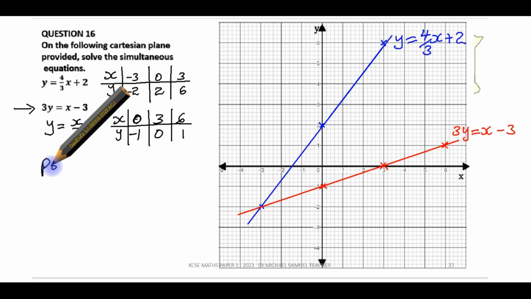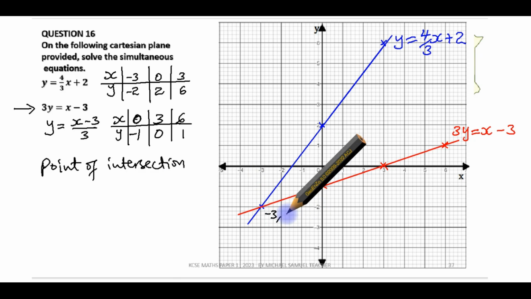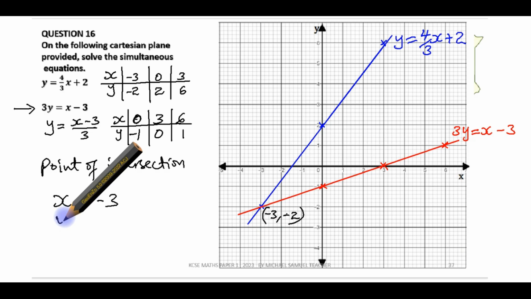The point of intersection gives us the solution from the graph, and that is the value of x is minus 3 and y is minus 2. Therefore, x is equal to minus 3 and y is equal to minus 2. So that is the solution.